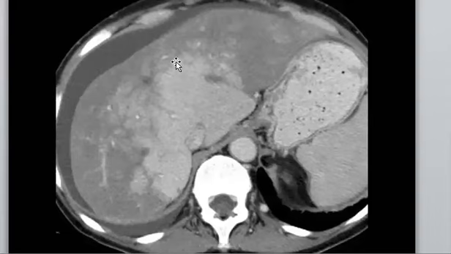So Budd-Chiari is very important in the exam, especially when you find, what is this lobe? The caudate lobe. Caudate enlarged and hypertrophied, and it is normally preserved. Why is it preserved? Because it has isolated supply and different drainage.